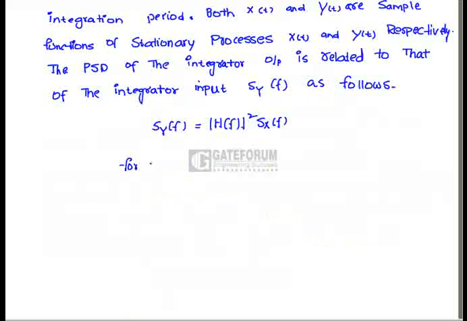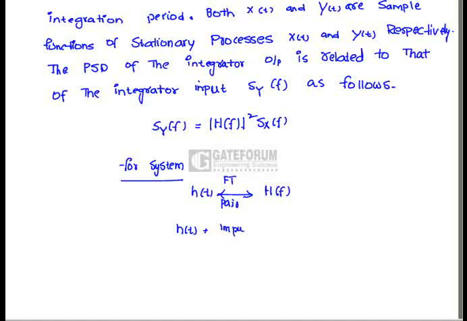For a system, the impulse response and the frequency response are Fourier transform pairs. h of t is nothing but the impulse response.